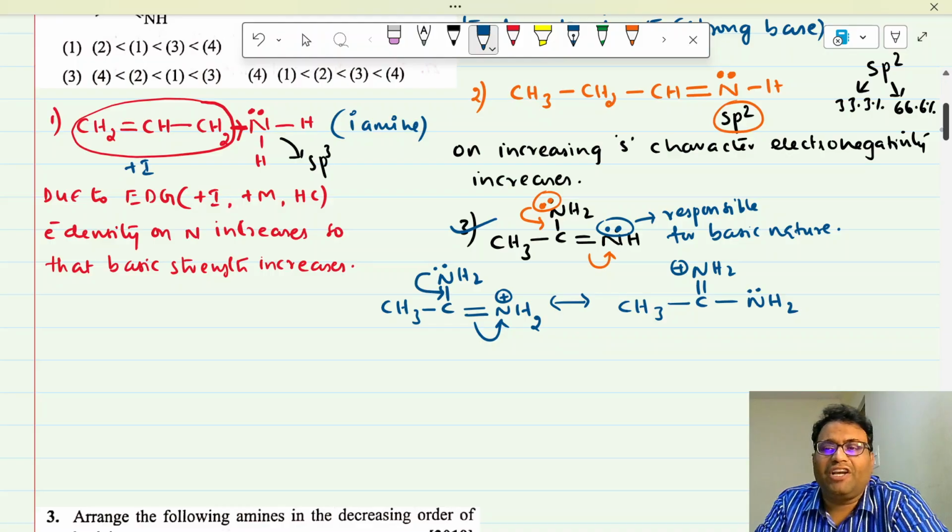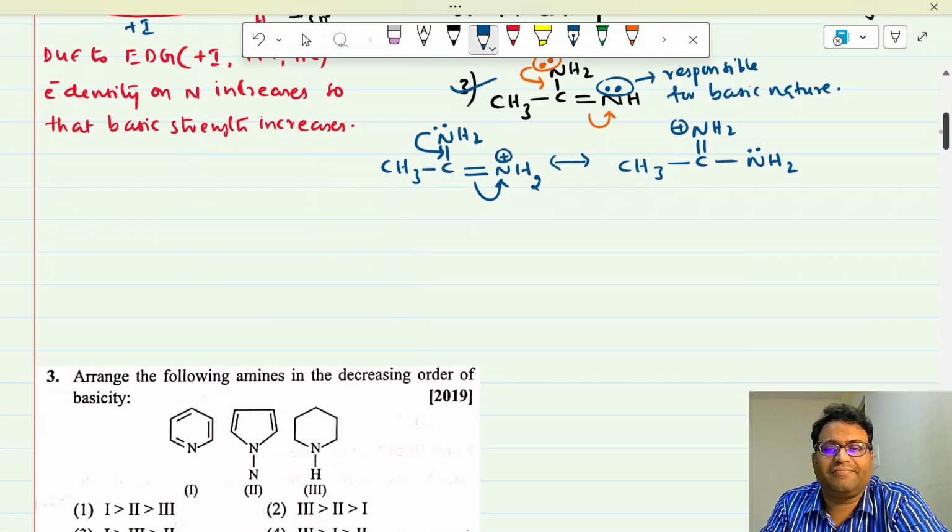That means after accepting H plus, after donating the lone pair of electrons, what do you get? You get the conjugate acid.